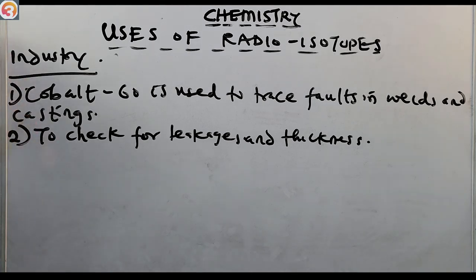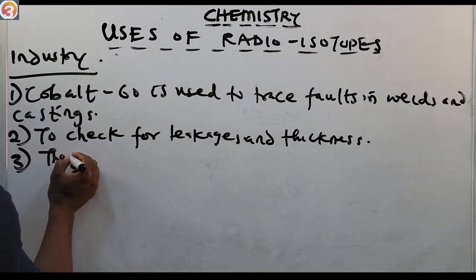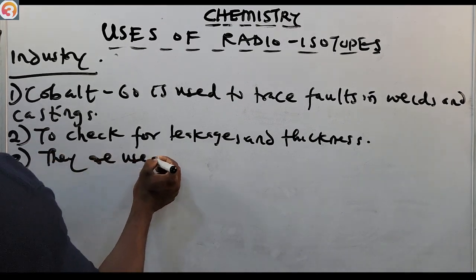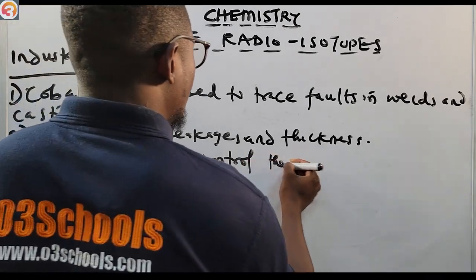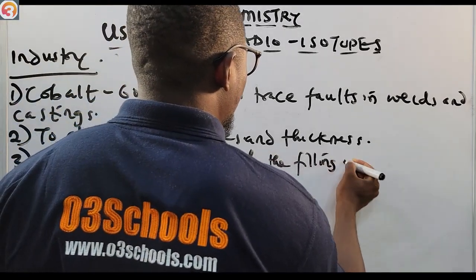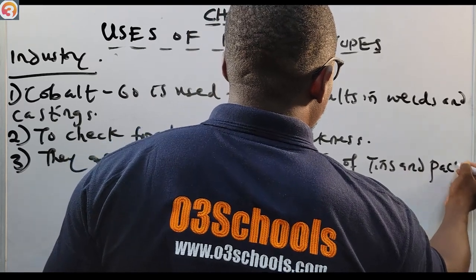So in the industry, Cobalt-60 is used to trace faults in welds and castings, and radioisotopes are used to determine and check leakages and thickness. They are also used to control the filling of tins and packs.